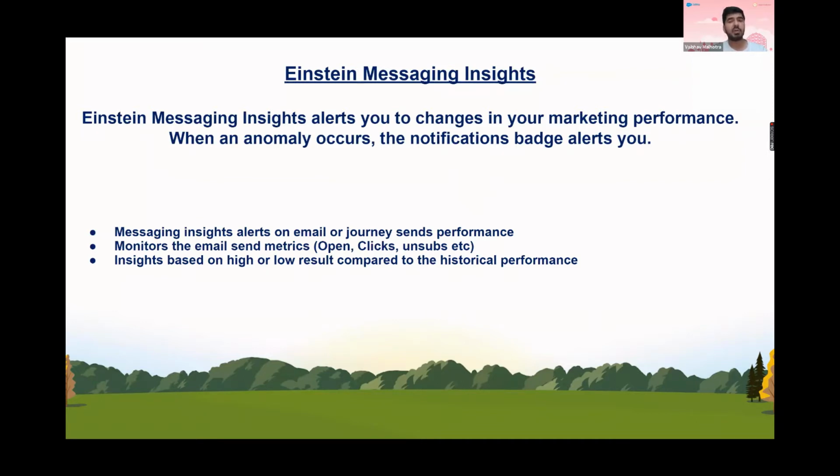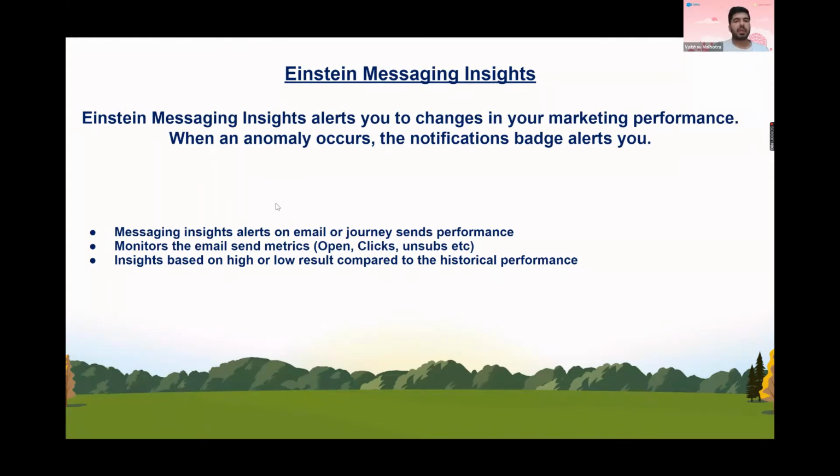When it goes down, it certainly worries you a lot, and you go into brainstorming mode on how to mitigate that. And when it shoots up, you tend to get happy, and then you find the reasons why it went up. You tend to follow those strategies more. So what Einstein Messaging Insights does for you is give you a notification of the anomaly.